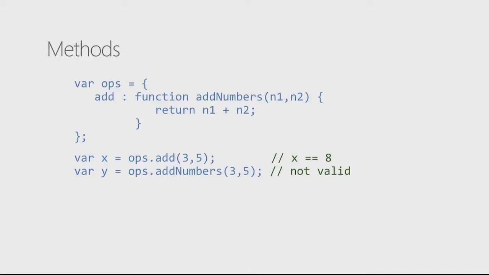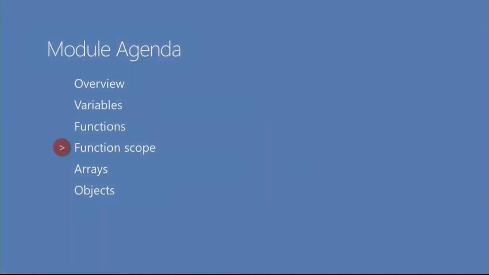But going back over into our example, why is it not valid to say addNumbers? So do you have any guesses on it? It looks like it's hidden to me. You are correct. And in fact, that is what I'd like to get into right now, and that is scoping, which is a pretty big deal, especially when we're dealing with our Windows 8 applications and we're trying to figure out how we're going to do proper structuring of our code.